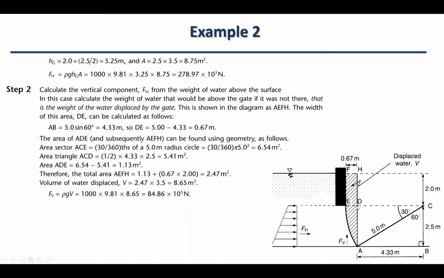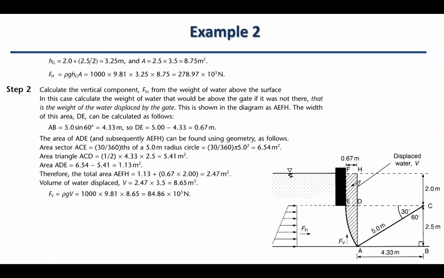So this is DE. And we know DH is the water depth from this point to the water surface, 2 meters. So you can very simply calculate the area of the top section.